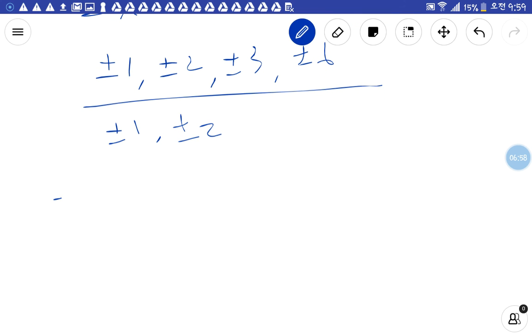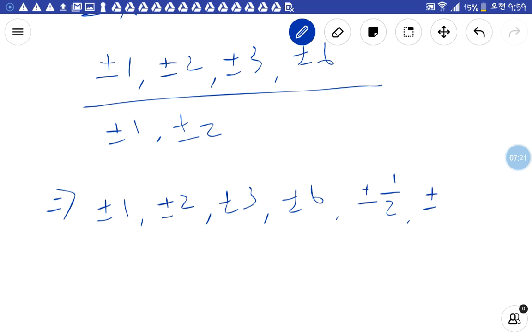There will be plus or minus 1, plus or minus 2, plus or minus 3, plus or minus 6. You are going to have duplicate answers. Please drop those. So 1/2, which is plus or minus a half, plus or minus 2/2, that will be plus or minus 1. You already have it, so just skip. And you have 3/2. And then 6/2 becomes 3, so you don't have to write that down. So that's it.